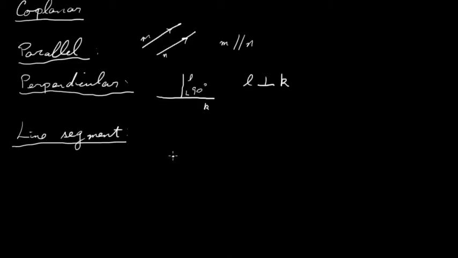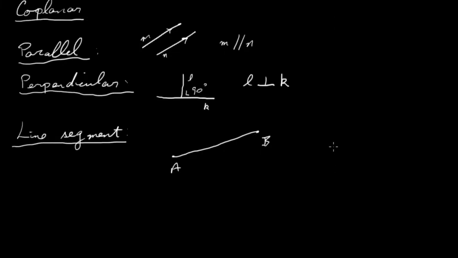Let's say we take the point A and we take the point B. So the line segment goes from A to B. So it starts at A and finishes at B. Unlike the line itself, a line would go through A and through B and go on forever in both directions. A line segment is just part of that line, so it starts at one point, finishes at another point.